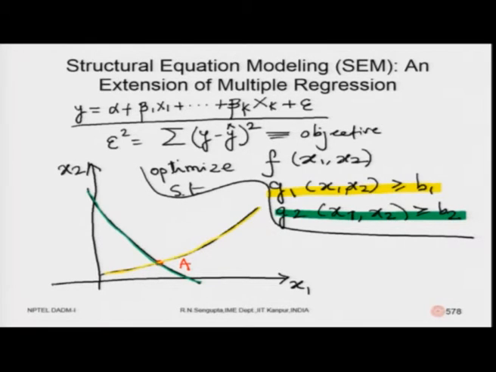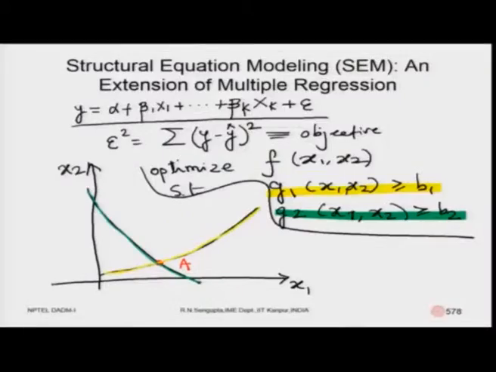Consider they are normal. If it is normal, the mean value of that constraint would be the lines which I have drawn. The mean value means the expected value. As you repeat and try different values of x1 and x2, it will be a random variable, but it will have an expected value.